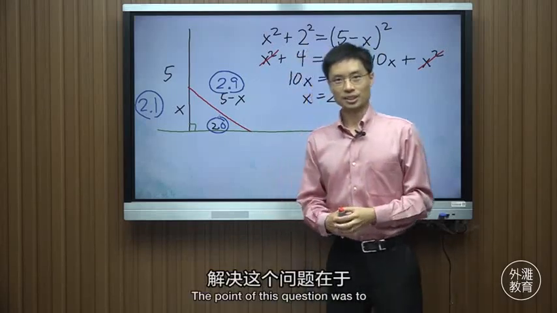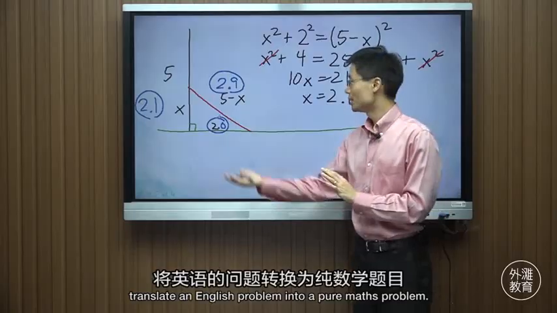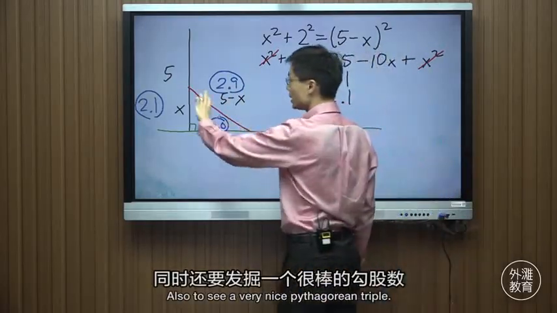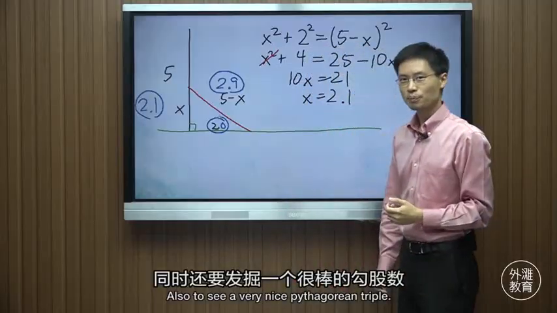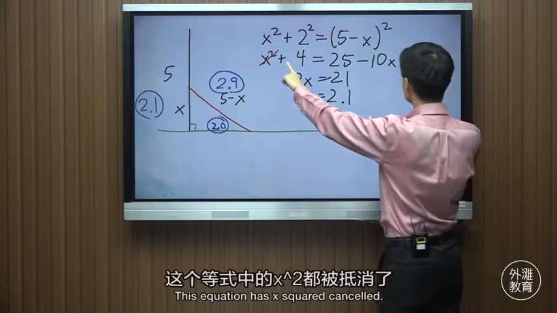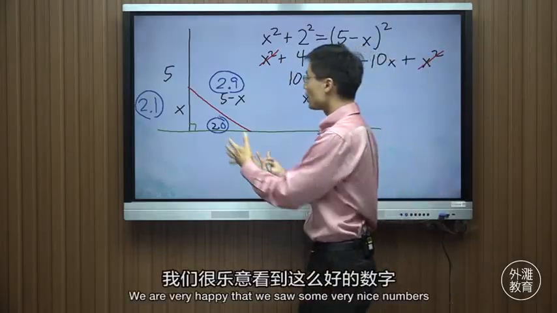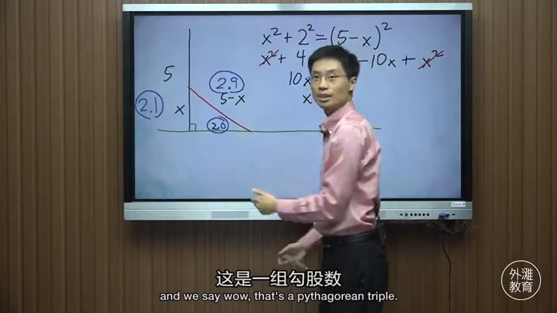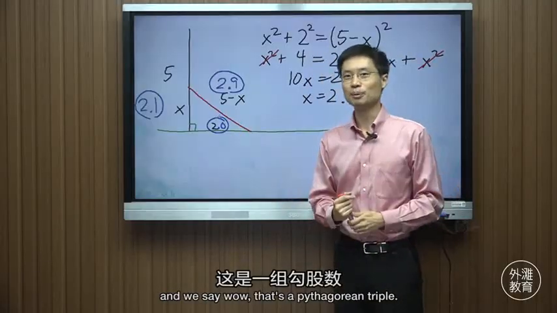The point of this question was to translate an English problem into a pure math problem, also to see a very nice Pythagorean triple. But also there's one other kind of interesting thing here. This equation has the x squared cancel. We are very happy that we saw some very nice numbers come out, and we said, wow, that's a Pythagorean triple.